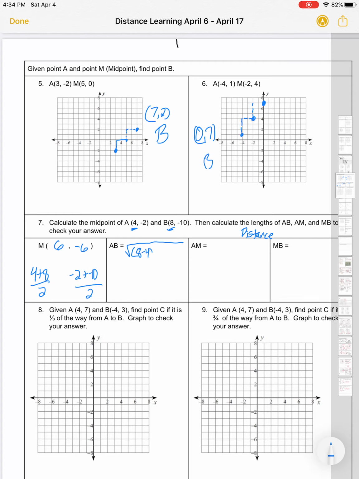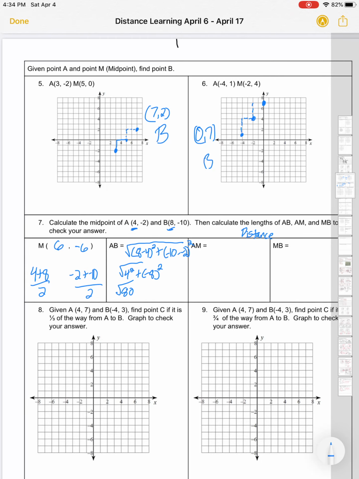So 8 minus 4 squared plus negative 10 minus negative 2 squared. That ends up being 4 squared plus negative 8 squared, so the square root of 80.